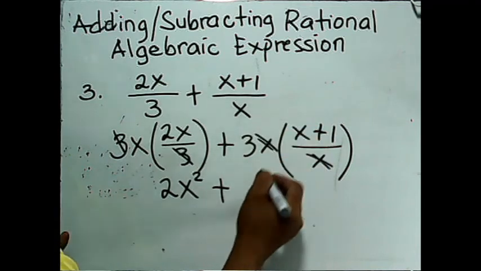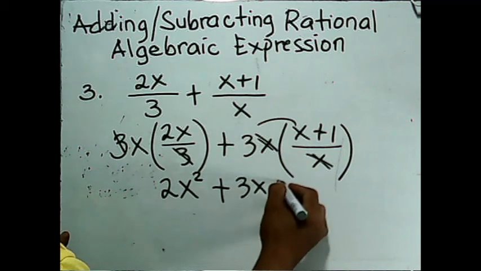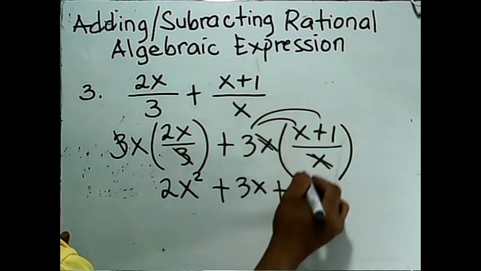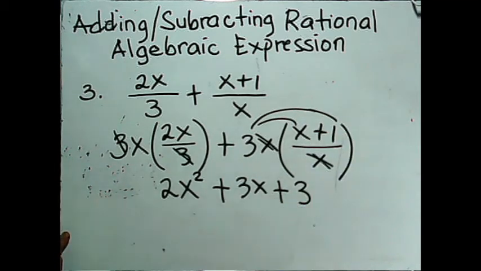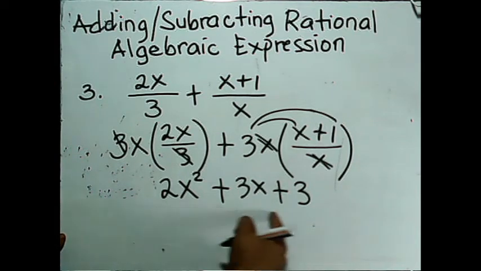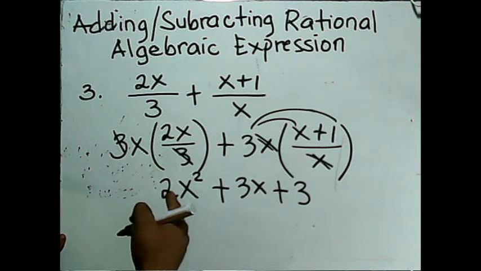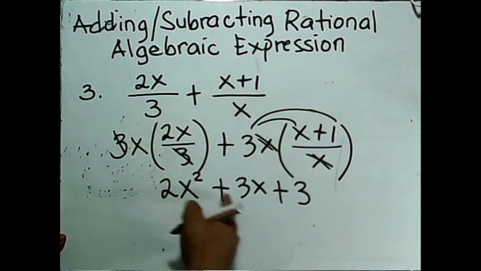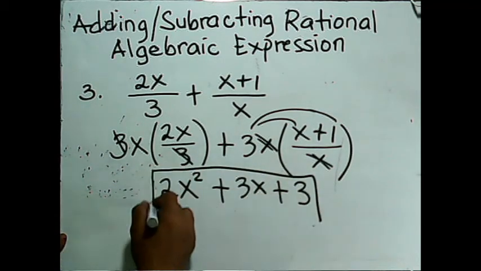So 3 times x is 3x, and then plus 3 times 1 is 3. As you notice, our answer is already arranged in standard form, in descending order. So this is now our final answer.